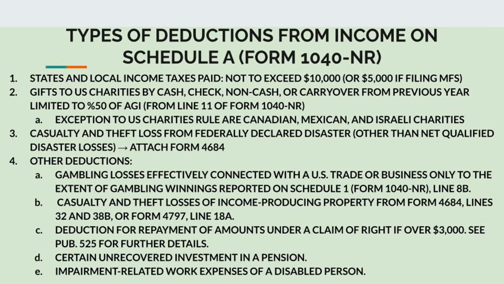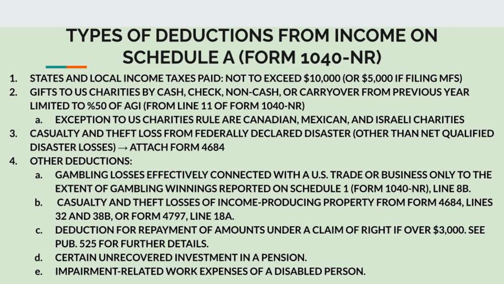There's also an exception to the definition that allows you to deduct charitable gifts, and that is if you donate to a Canadian, Mexican, or Israeli charity. So if you happen to donate to any of these 3 countries' charities, you can still go ahead and make a deduction on that.